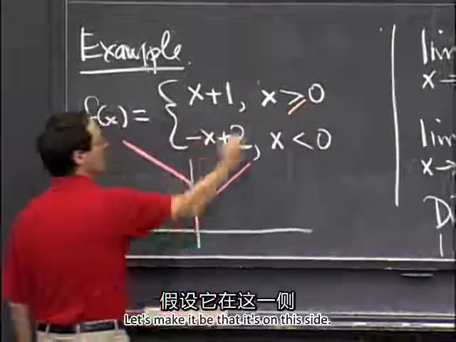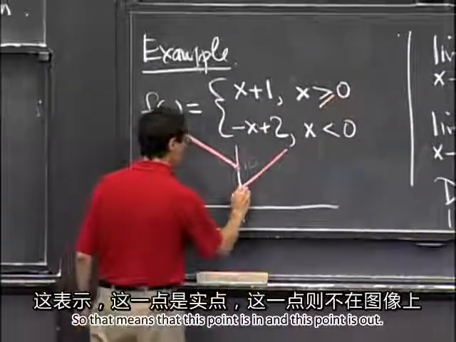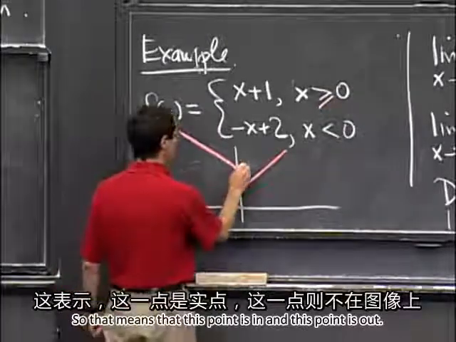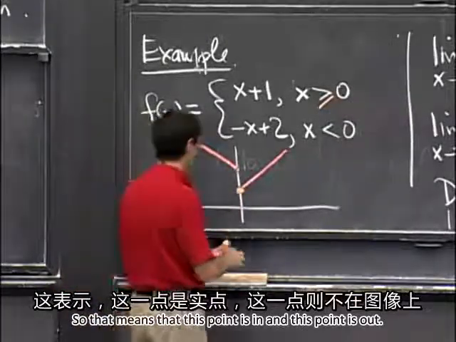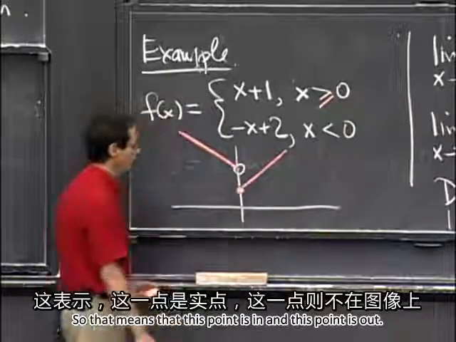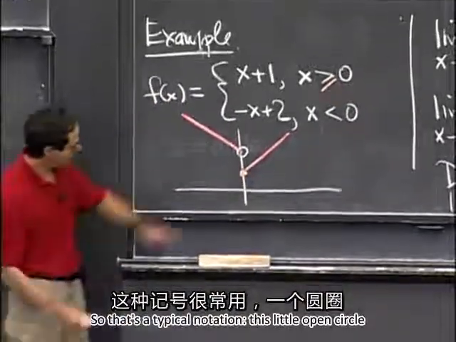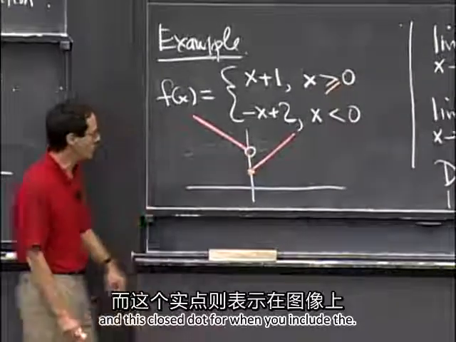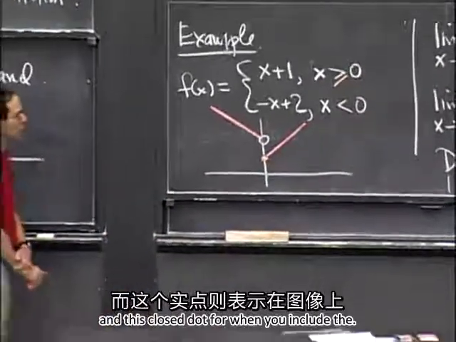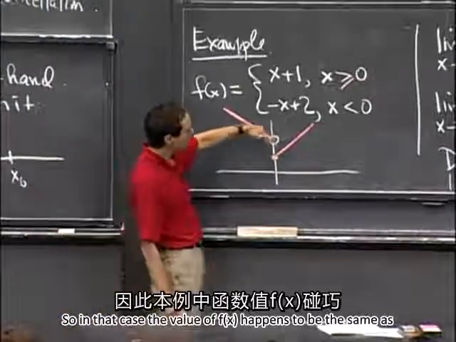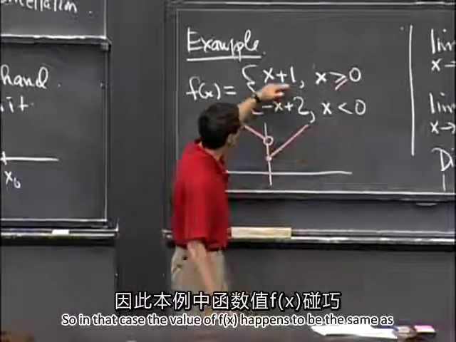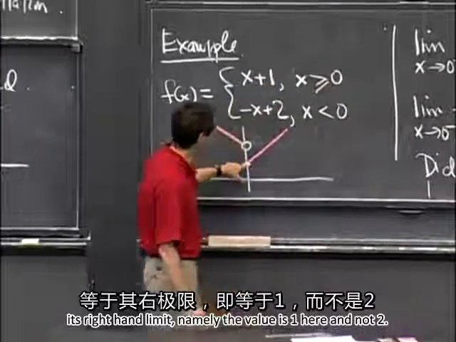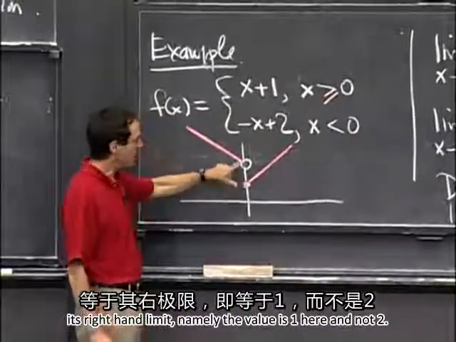Let's make it be that it's on this side. So that means that this point is in, and this point is out. So that's a typical notation, this little open circle and this closed dot for when you include the point. In that case, the value of f of 0 happens to be the same as its right-hand limit, namely the value is 1 here, and not 2.